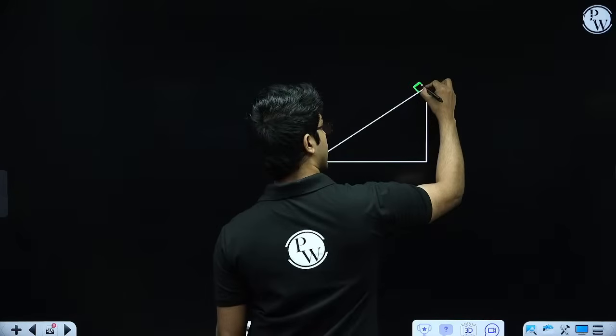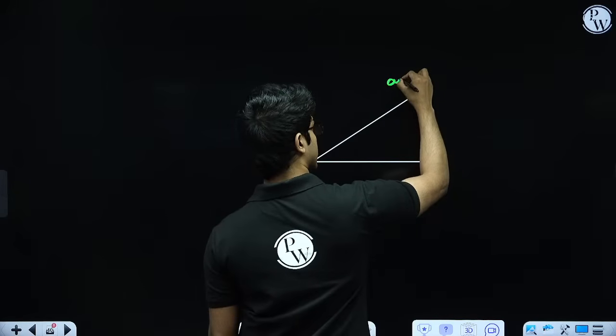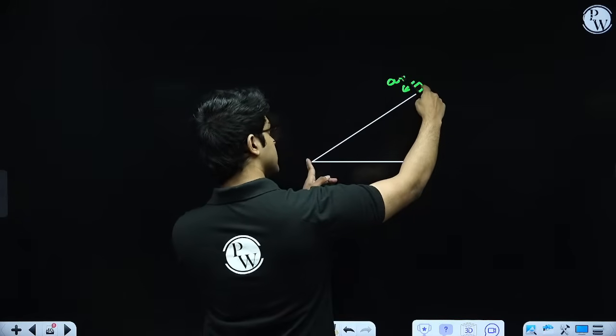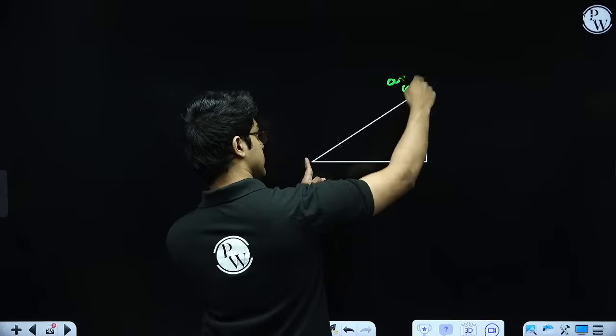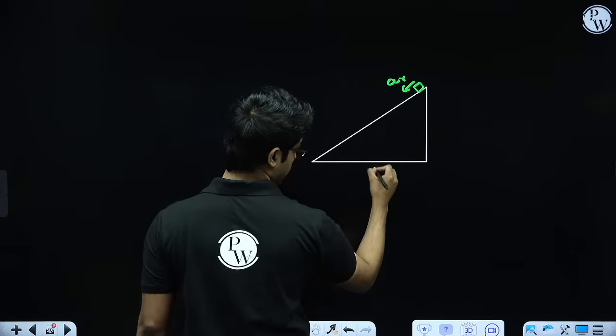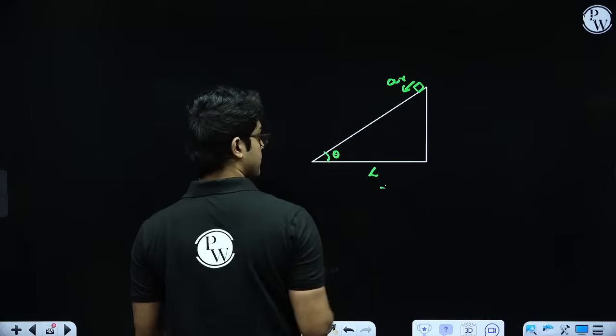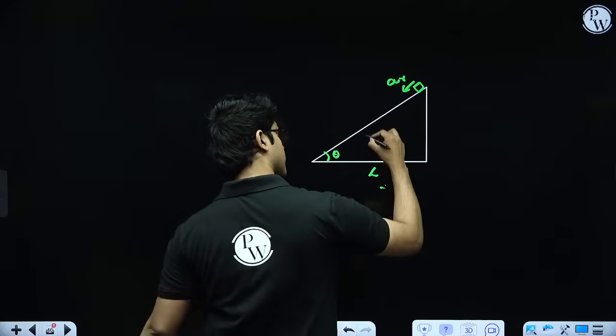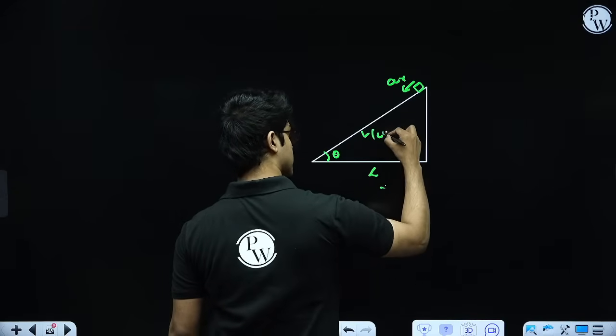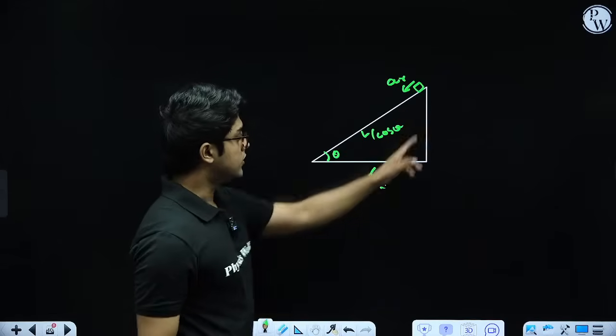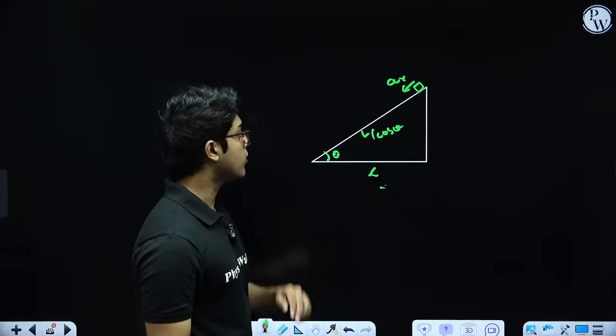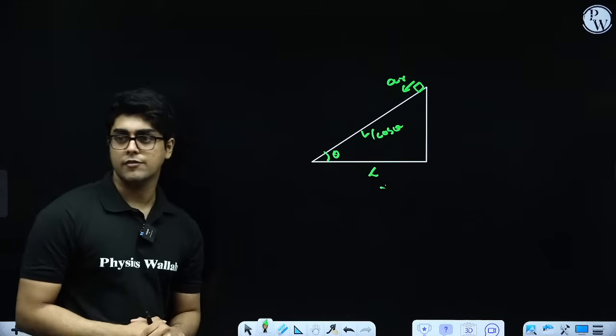The relative distance the block has to cover is this distance. The base was given to be L and this angle is theta, so the hypotenuse will be L divided by cos theta. So the relative displacement that the block has to cover is L divided by cos theta.